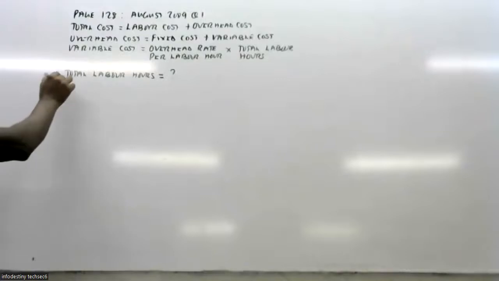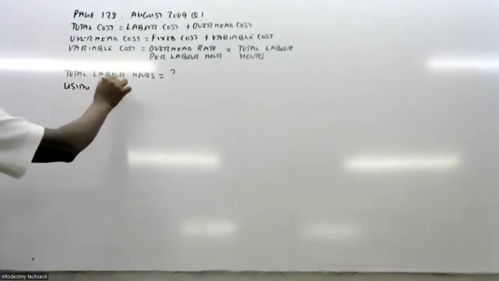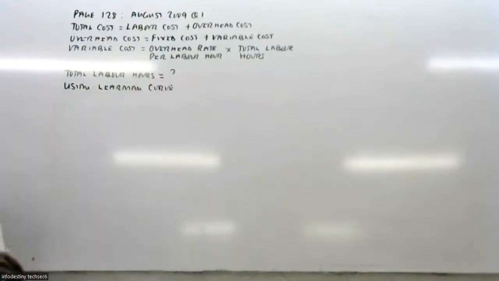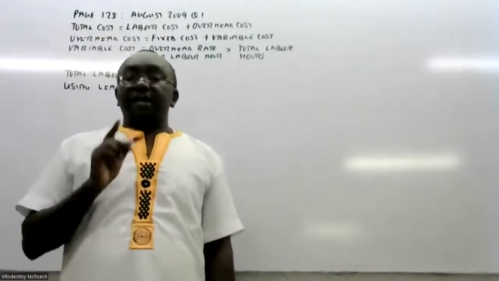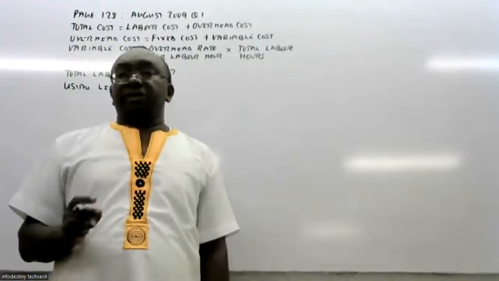Now, using the learning curve, you are going to try to get the hours. And I have told you, anytime you mention the learning curve, the first thing to come into your mind is, am I using the total? Am I using the average?